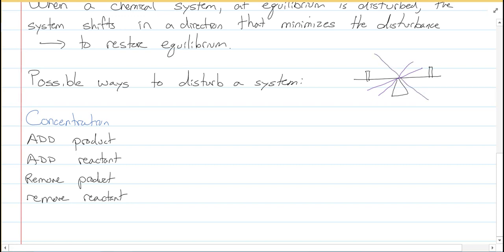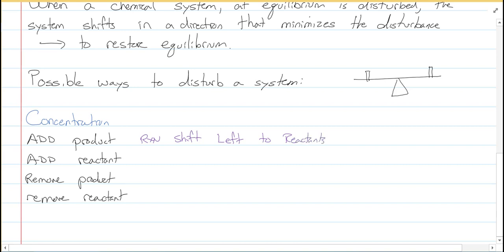It doesn't matter where it is. However, if we add too much to one side, that side's going down, so we actually have to take some of this purple and move it to the other side to balance it back. So if I add product, the reaction will shift left to reactants.